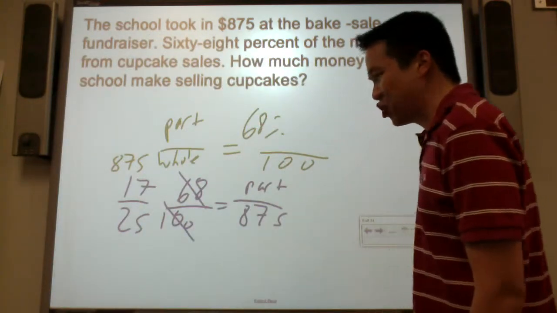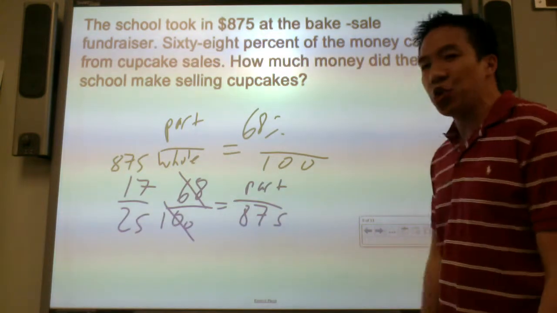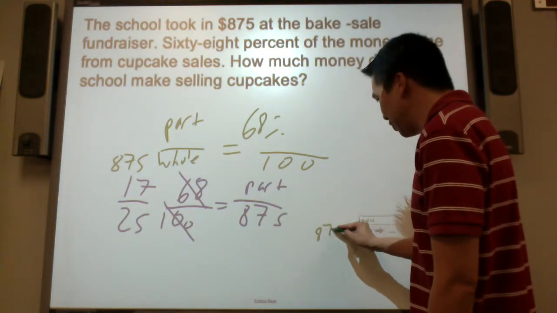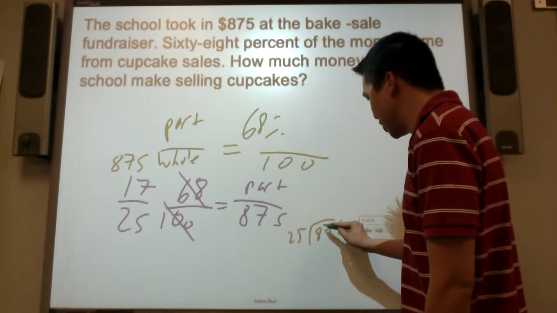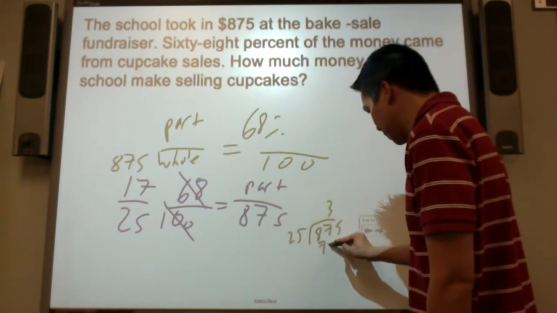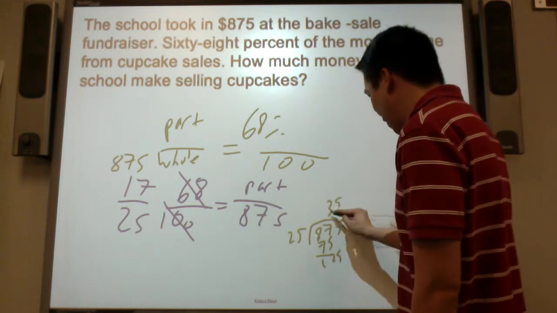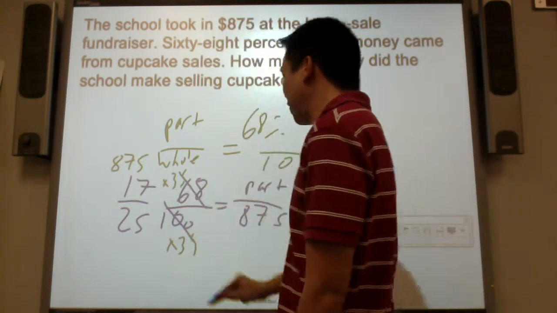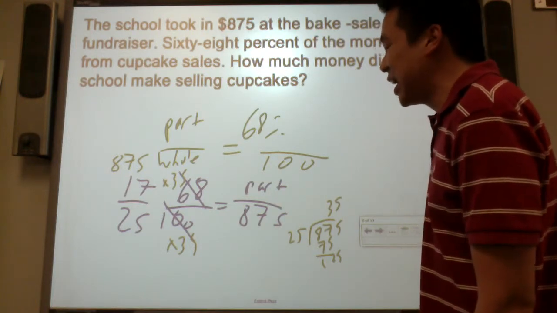How many groups of 25 go into 875? It goes in 35 times. So what is 17 times 35?